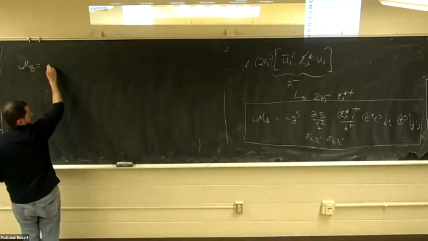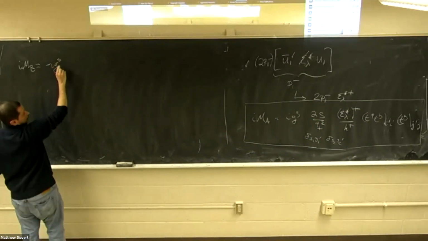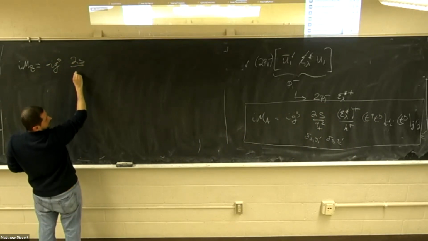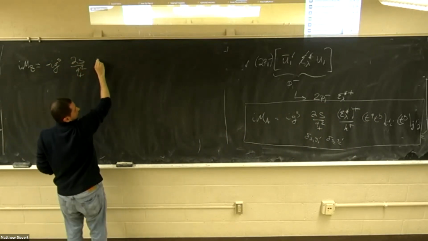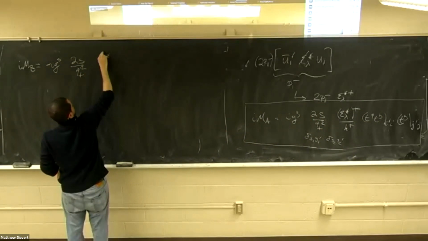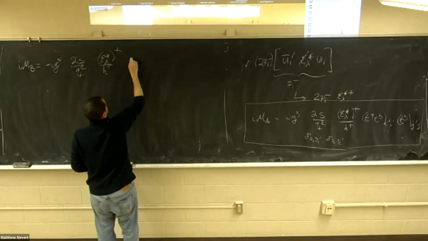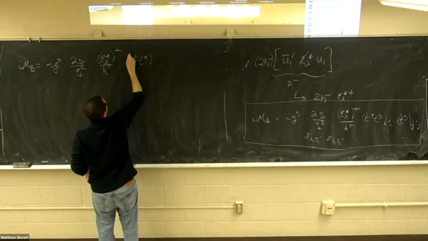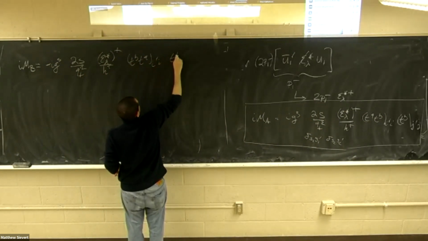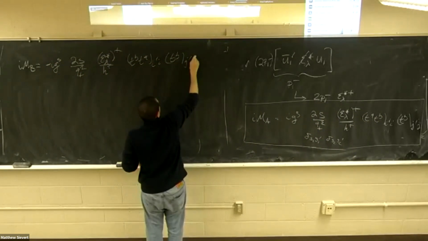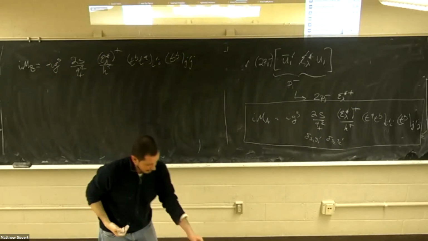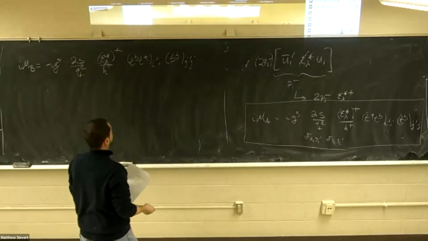So for diagram B, I get minus i g cubed 2s over q perp squared epsilon lambda star plus component over k plus. Now I have T^B T^A, i prime i, T^B, j prime j. And again, the Kronecker delta spins if you wish.